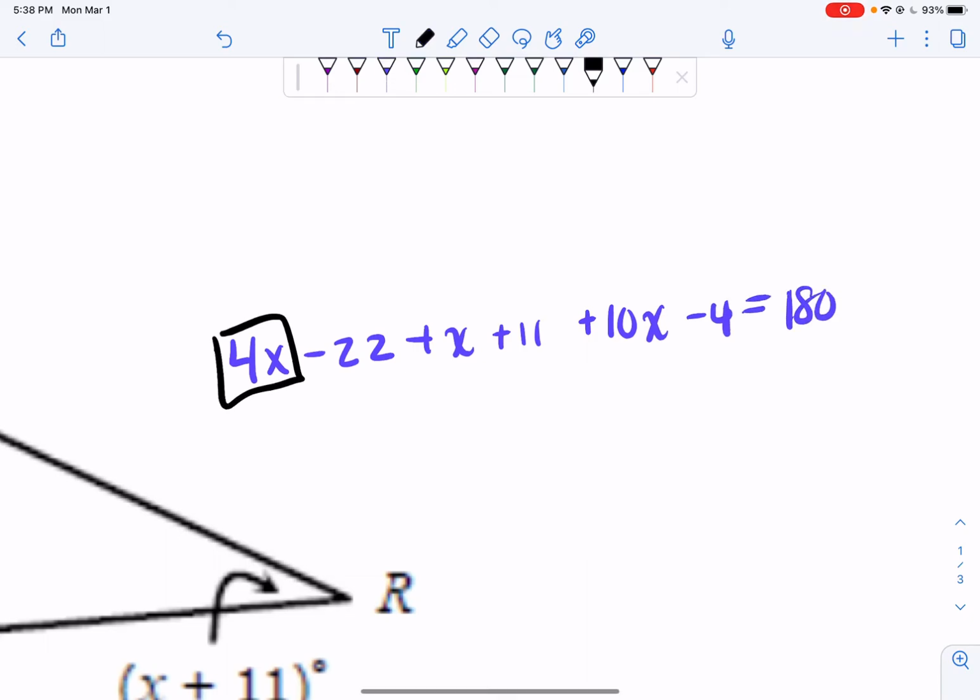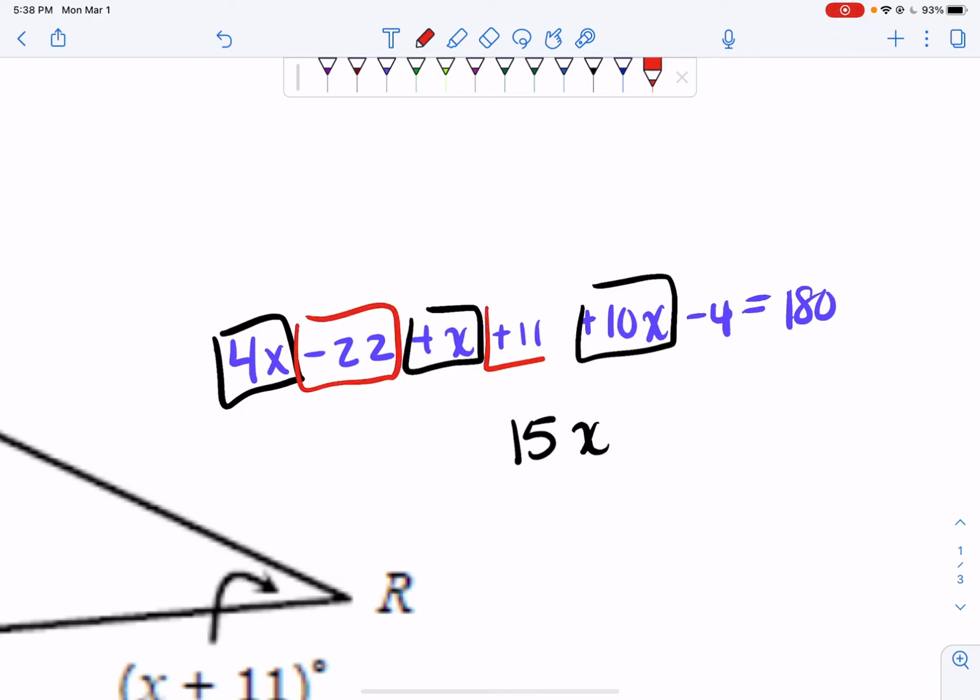I combine a 4x with an x and a 10x. 4x plus 1x is 5x. 5x plus 10x is 15x. Now, minus 22 plus 11 minus 4. Well, negative 22 and a positive 11 give me a negative 11, but take away a 4 is going to give me a minus 15, and that's equal to 180 degrees.